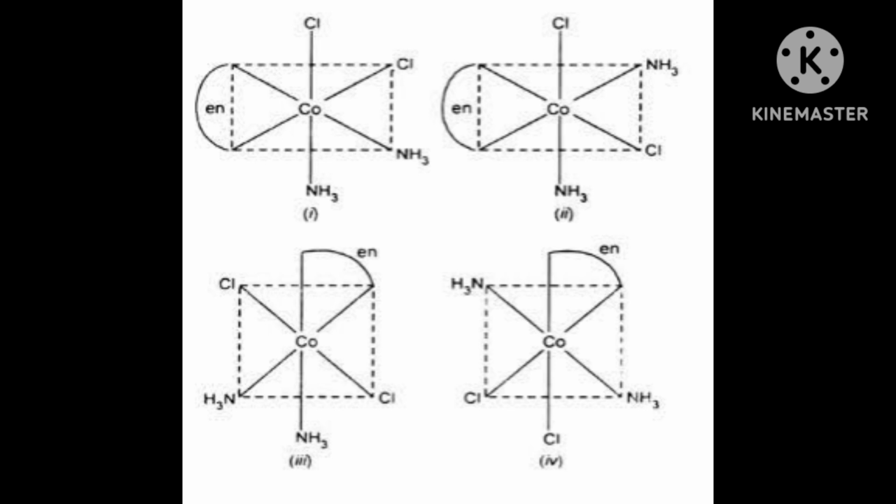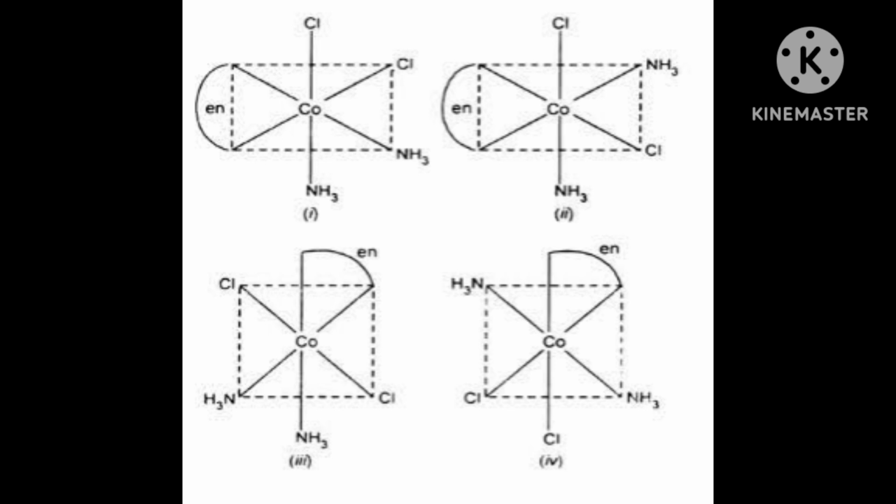Now this is one form. Out of 3 ligands, each can make these two bonds. Suppose one en is in the back and the other two in the front.